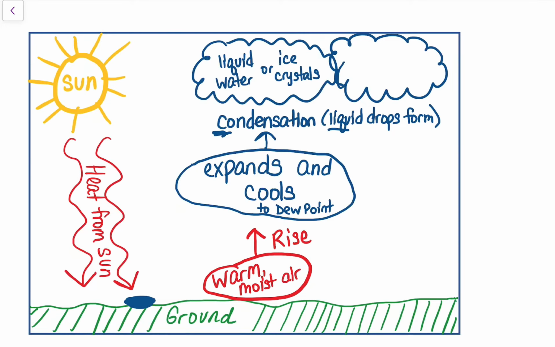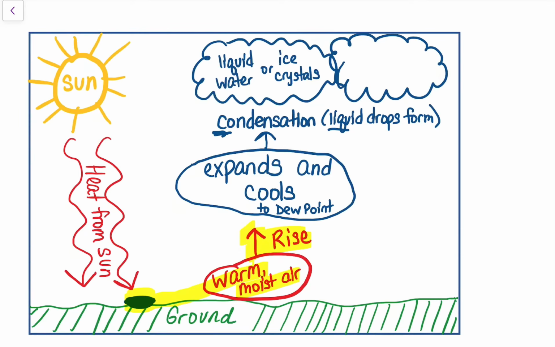So just to review, you don't have to highlight. We have water on the surface of the earth. It evaporates into the air, and it's contained in the air in warm, moist air, warm air that has a lot of water vapor, and that warm air starts to rise.